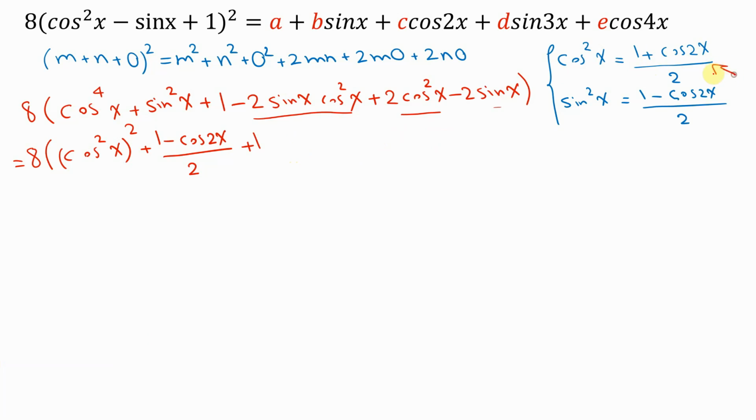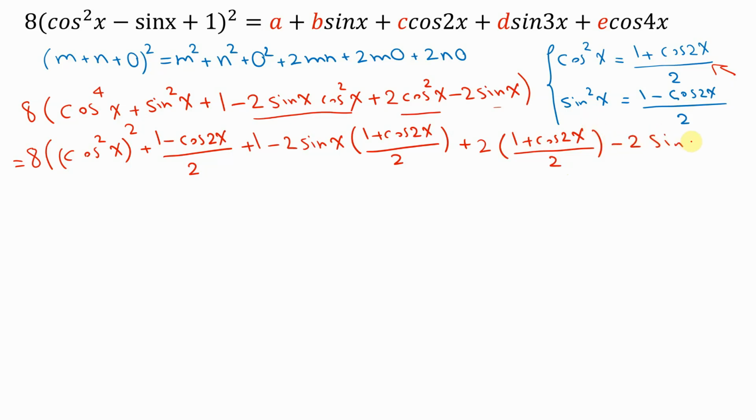So here we have minus 2 sinusoid of x times cosine squared, which is 1 plus cosine 2x divided by 2, plus for this one 2 times cosine squared of x, and instead of cosine squared of x, 1 plus cosine of 2x divided by 2, and the last term minus 2 sinusoid of x, which is the same. Okay.